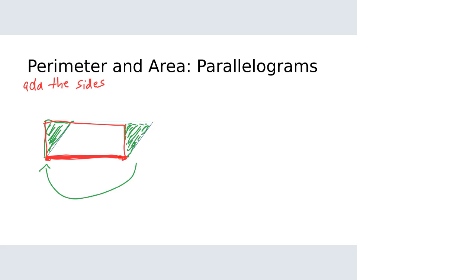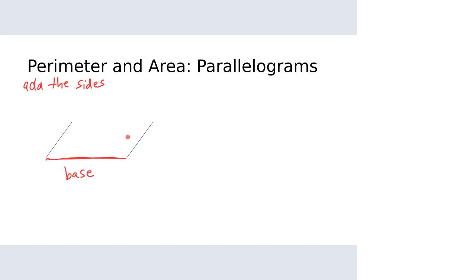The thing that's different though, this vertical piece, is not one of the sides of our parallelogram. Let me get rid of some of my scribbles here. So what we're looking at when we look at that rectangle is we have this bottom part down here that we're going to call the base.